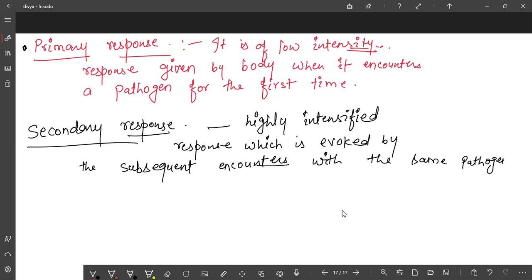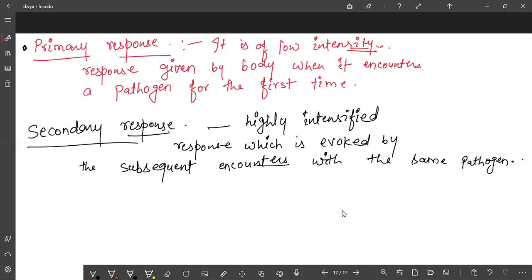Is it clear to you? Suppose that when some pathogen attacks our body for the first time, the response given by our body for the first time is called primary response. Primary response is of low intensity.